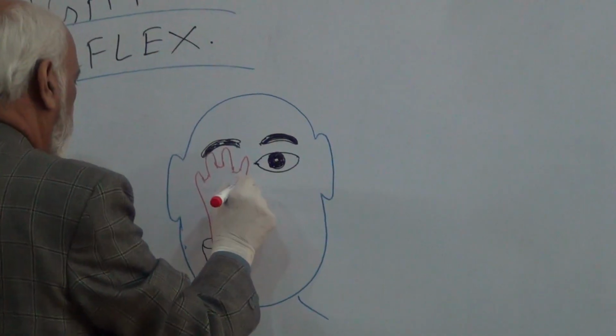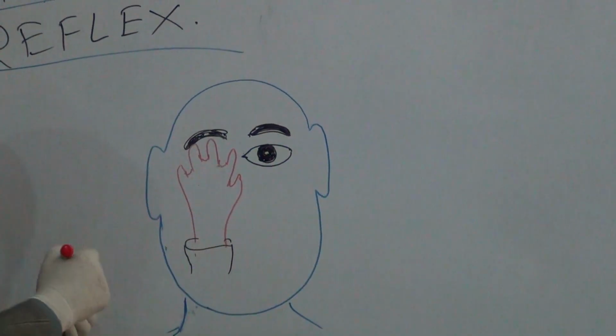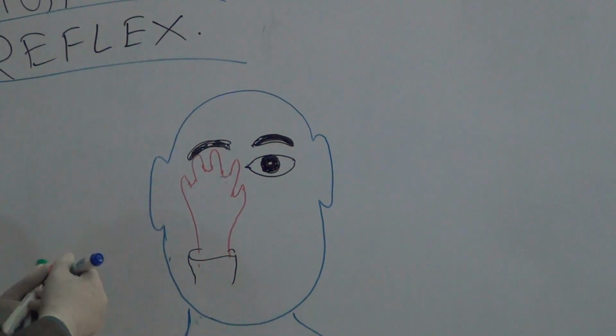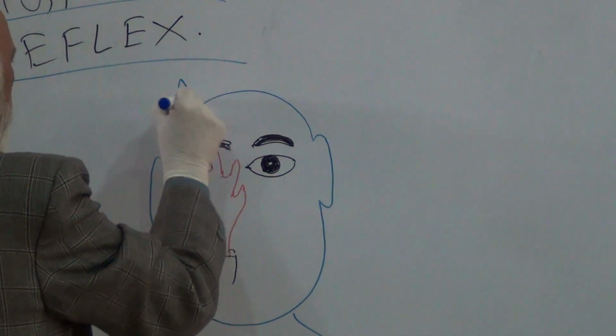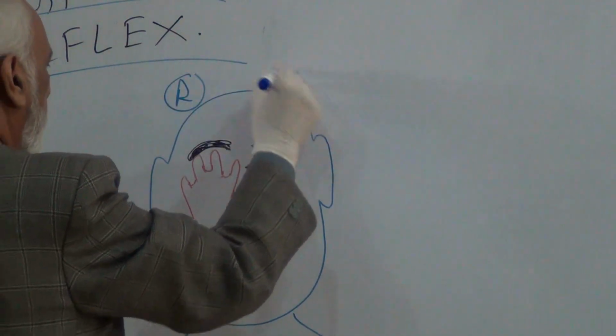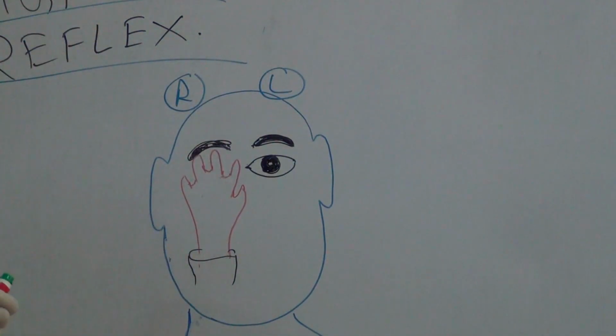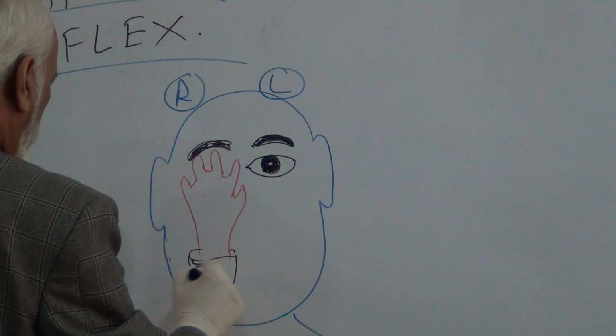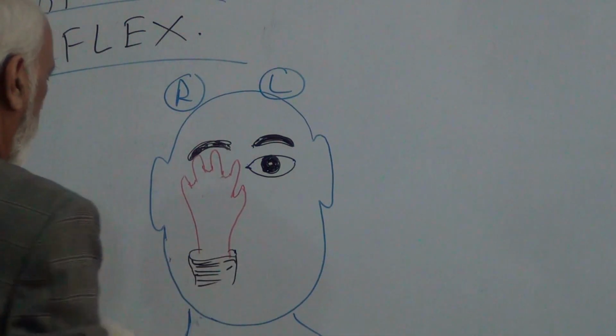The other eye is not closed but covered by hand. So the pupil of the exposed eye will constrict. But at the same time, the pupil of the other eye also constricts.